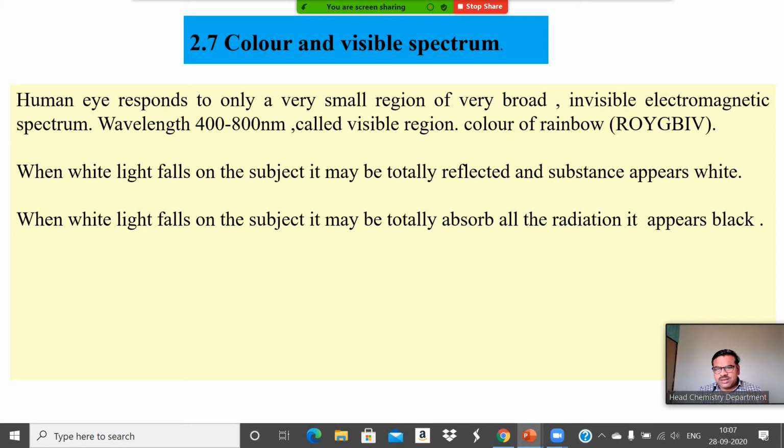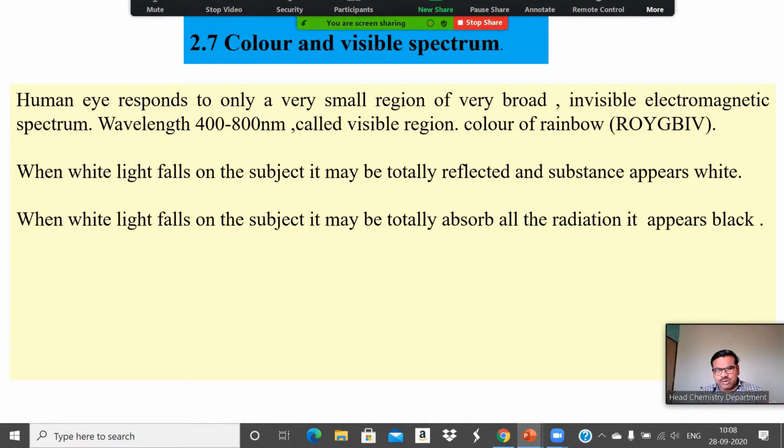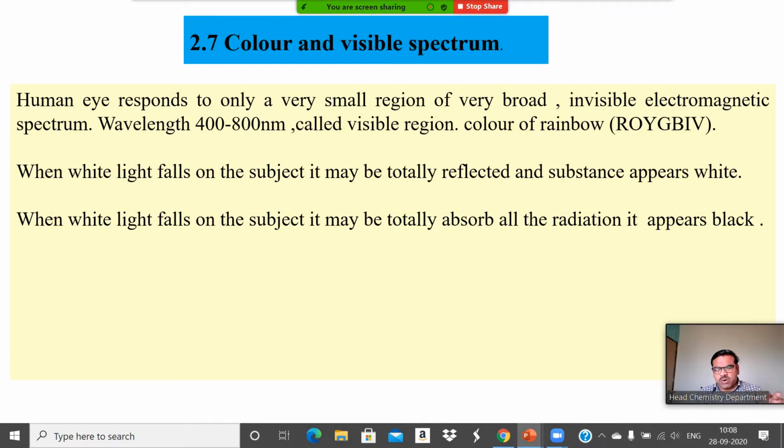Because when light falls on white material, all the light gets totally reflected. It means light is not absorbed by the white clothes. Therefore, we get protection from the heat or sunlight. And when light falls on an object and is totally reflected, that substance appears white.